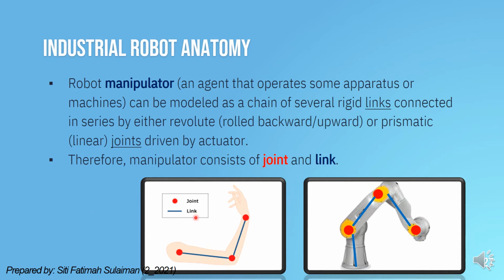So what is a joint and what is a link? As you can see from both figures, the dotted red are the joints of the human arm and a robot arm. Meanwhile, the blue lines here are the links for the human arm and robot arm.